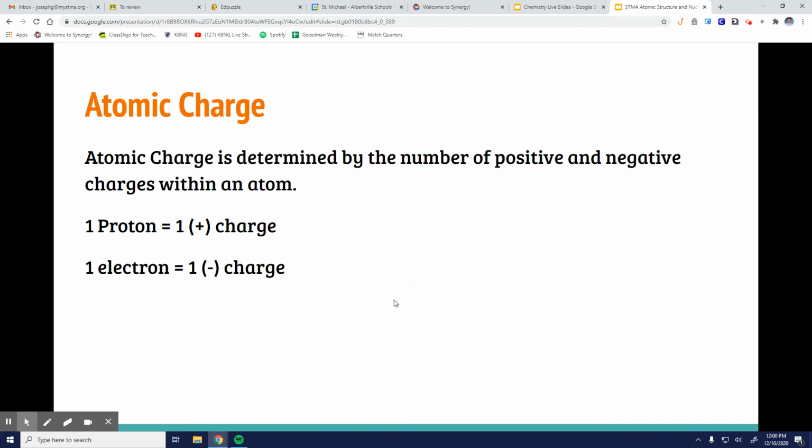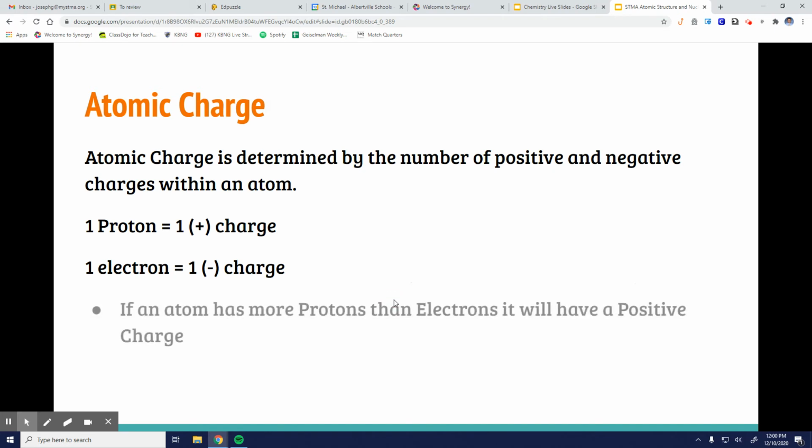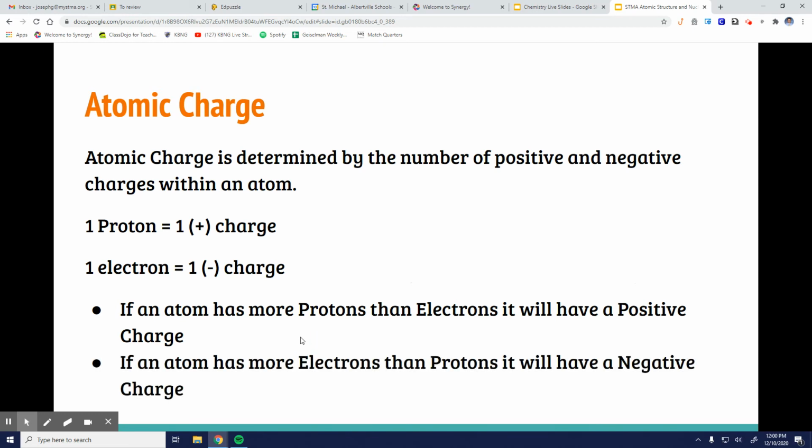From there, we can figure out how many positives and negatives it should have. If an atom has more protons than electrons, more positives than negatives, it will have an overall positive charge. If that atom has more electrons than protons, it will have a negative overall charge.